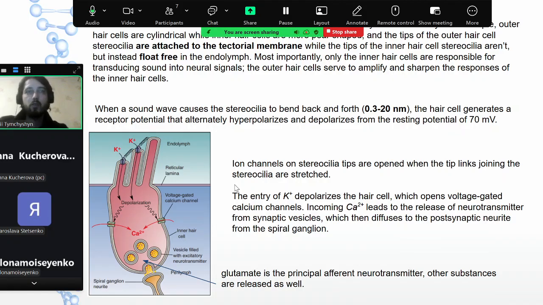I hope you remember those ATP-dependent pumps that were actively moving ions from here to there and getting the concentrations that the cell needs to work properly. And that process takes some time.